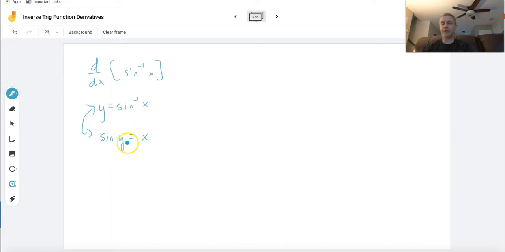Since they are equivalent, we can work with this here. In this equation, we have the sine function, whose derivative we know, and we definitely know what the derivative of x is. And so we can differentiate this equation implicitly with respect to the variable x, and that's exactly what I'll do.